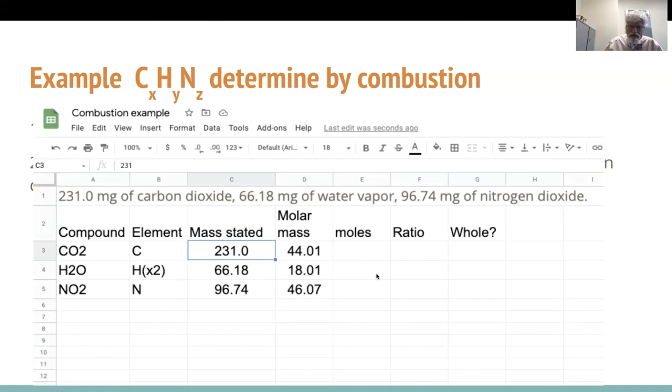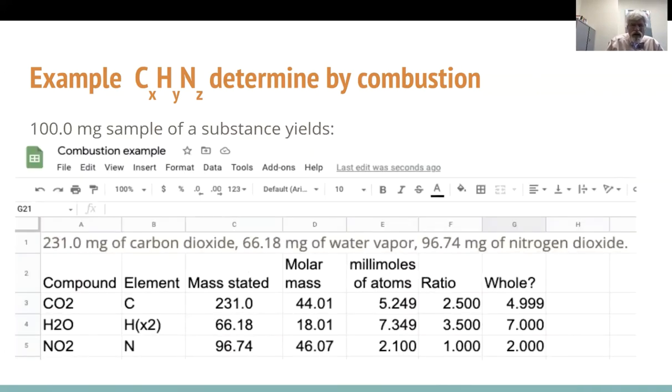Whoa. When I take that result, 66.18, divide by 18, I get something like 3.12, something like that. That's where I multiplied by 2. I have to multiply by 2 the number of moles of water to get the number of moles of hydrogen.